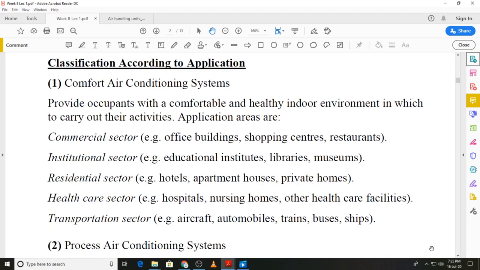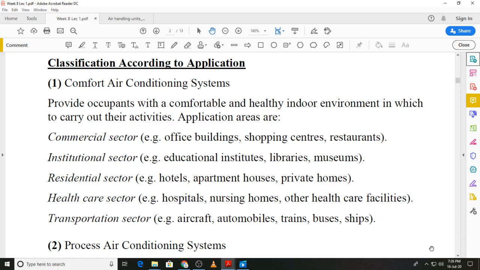The classification of an air conditioning system, we can do it on the basis of application, that is for human comfort, and that takes various forms. For example, if you are providing air conditioning to the occupants of an office building or a shopping center or a restaurant, that's the commercial sector. You also provide the same air conditioning for educational institutes, libraries, etc. So you have the institutional sector.